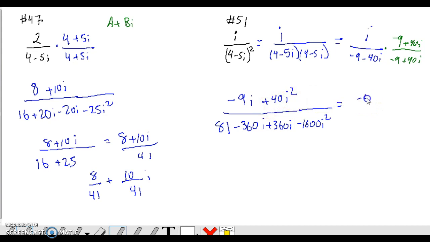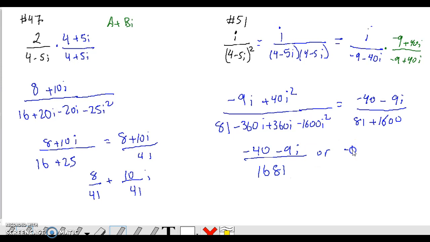We know that that's going to be negative 40 minus 9i, and this will be 81 plus 1600. Okay, so if I add those together, this technically would be negative 40 minus 9i over 1681, or we would say negative 40 over 1681 minus 9 over 1681, and then your i is attached to that.